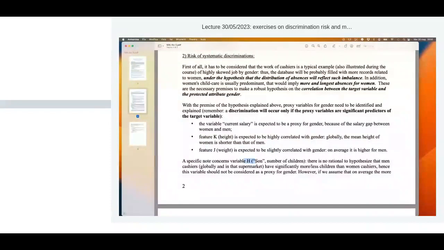What you can say is that since women usually have more care obligations, then this aspect is relevant for women, but it's not that number of children is correlated with women or with men. If a couple of persons have children, and they both work in the supermarket, number of children will be, let's say, 3 for both of them. It doesn't matter the gender.